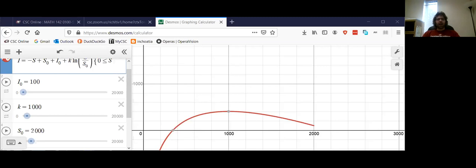So at time 0, S is as large as it can possibly be, which is at 2000 over here. As time passes, S decreases, and we trace left along this curve.